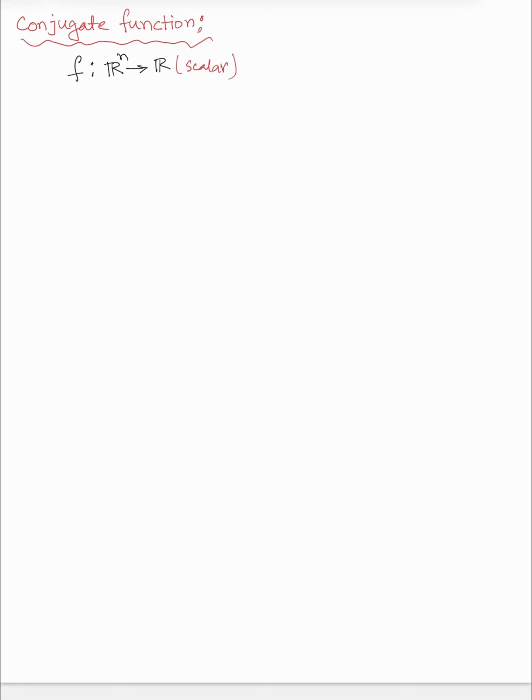And the conjugate function is expressed like this. f star of y equals the supremum over x in the domain of f of this thing: y transpose x minus f of x.